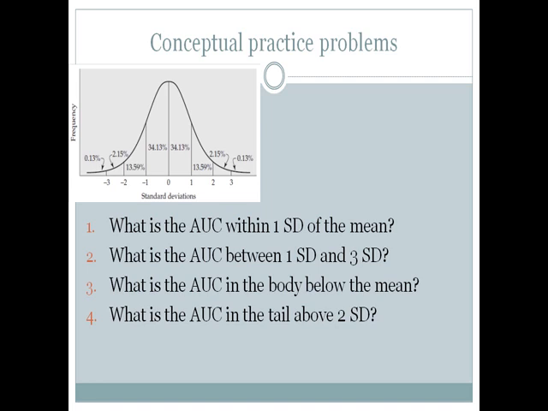The area under the curve in the body below the mean, adding up those values, the area below the mean is about 50%, or is exactly 50%. Got to be careful about the wording there. Area above the mean also is exactly 50%. And what is the area under the curve in the tail above 2 standard deviations? Is about 3%.